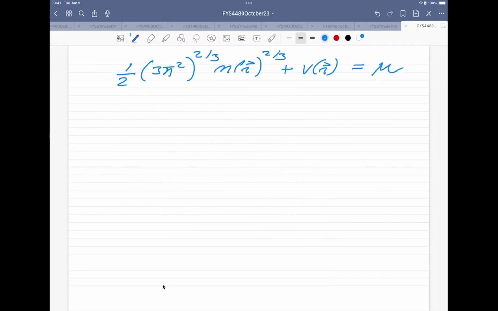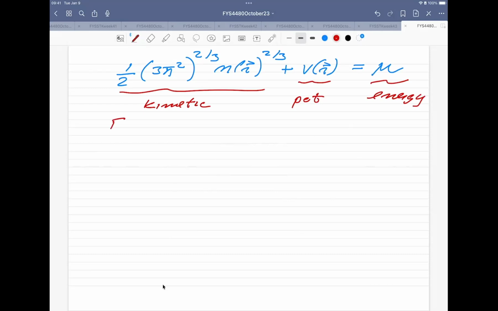And mu plays the role of the energy. This first term is the kinetic energy in terms of density. This is the potential energy. And this Lagrange multiplier is identified as the energy. And what you have here is the equation of motion.